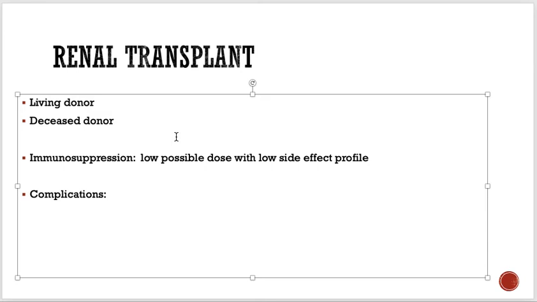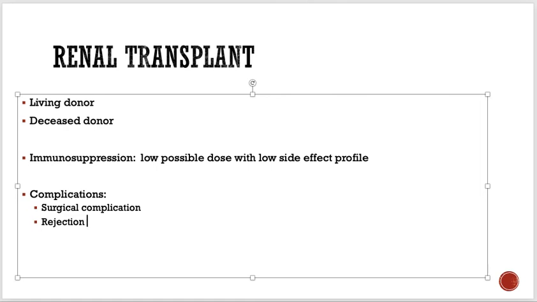For example, there are surgical complications like bleeding, infection, damage to the adjoining structures, urinary leaks, thrombosis, and hernias. Then there are complications due to rejection, which could be acute or chronic.